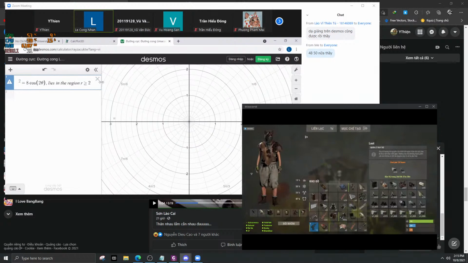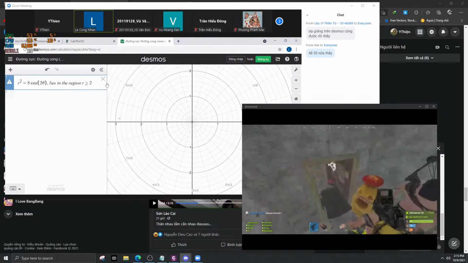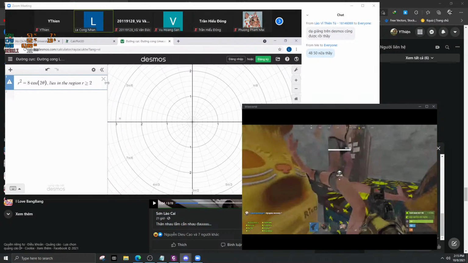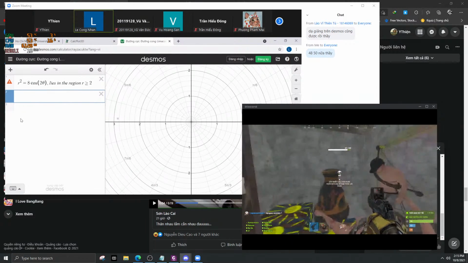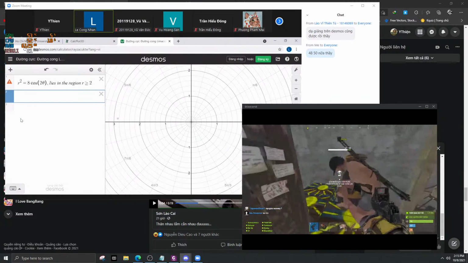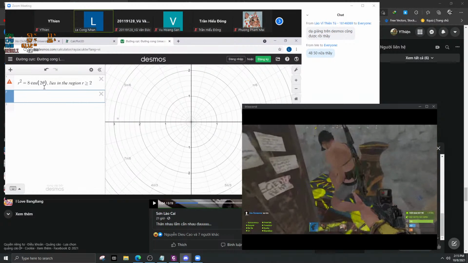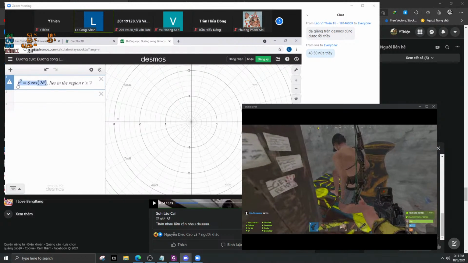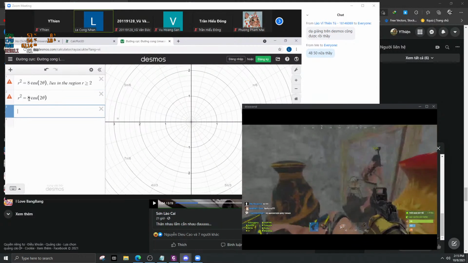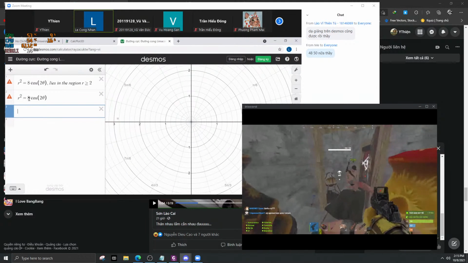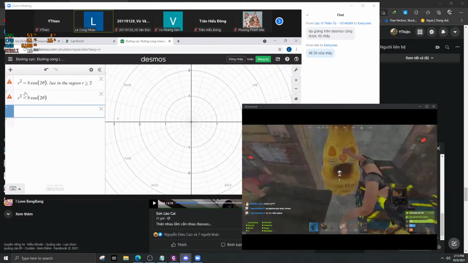So first I will sketch the lemniscate with the equation r squared equals a times cosine theta. We copy this equation, enter. But in the dashboard, it couldn't scale this curve because here we have the r squared.